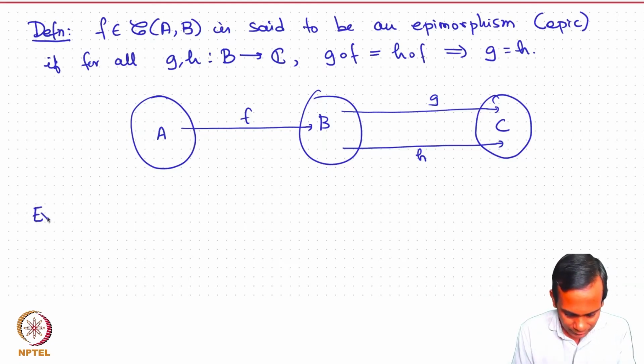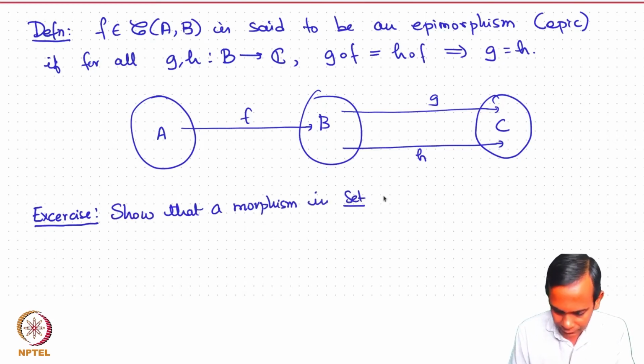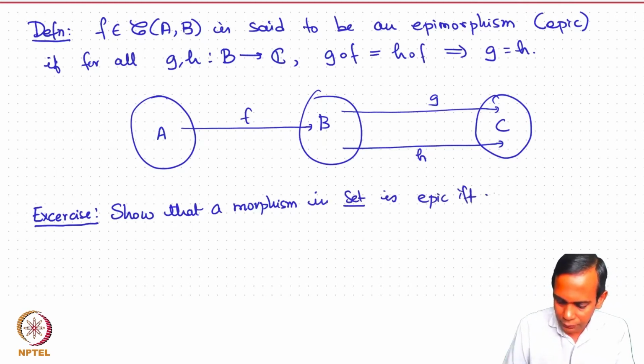I leave that as an exercise. I would advise you all to actually sit down and write this down. Show that a morphism in Set is epic if and only if it is surjective.